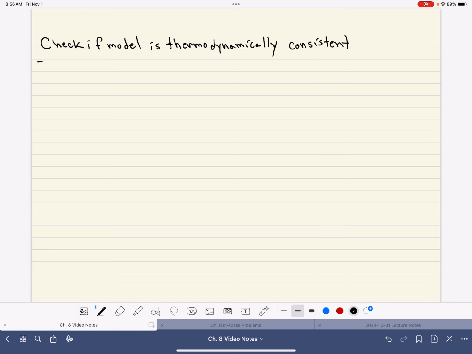So the way you would do that is you would see if it satisfies the 3 criteria, which is that at the limits of the model, so when x1 goes to 1, the equation for your partial molar volume would give you the pure molar volume. So this would be true for species 1 and species 2.